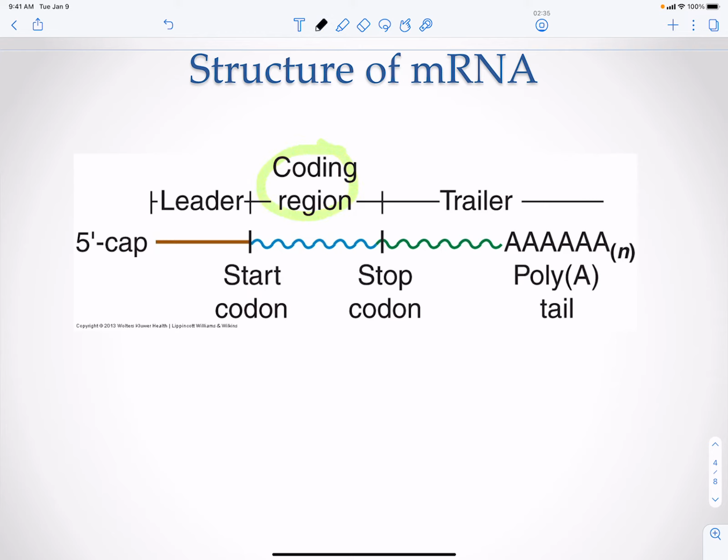So this is our sequence that is converted to a protein. Oh, sorry, amino acid sequence. And this is the primary structure.